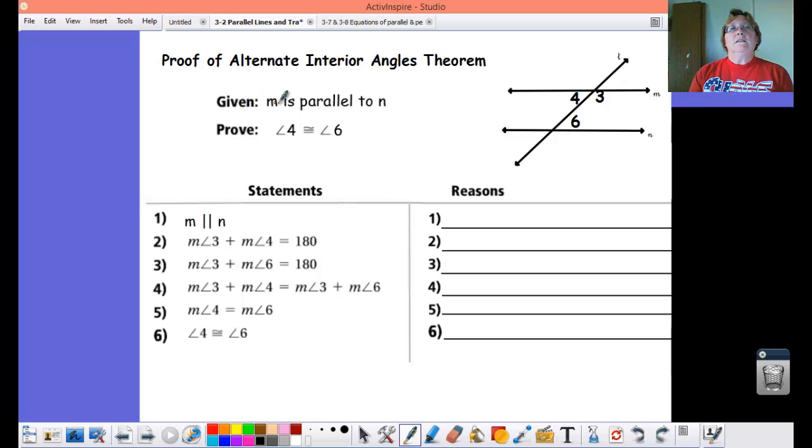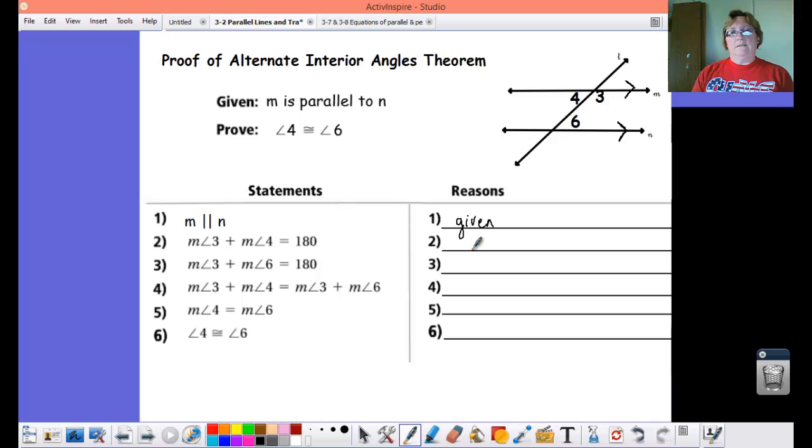We are given here that line M is parallel to line N. So I'm going to ask you to go out there and put the arrowheads so that you're marking your diagram. We have statements already given. So we begin with what we know, and that's that we start with two parallel lines, M and N. Step 2 says that when you add together angles 3 and 4, you get 180 degrees, and I would ask you to think about this.